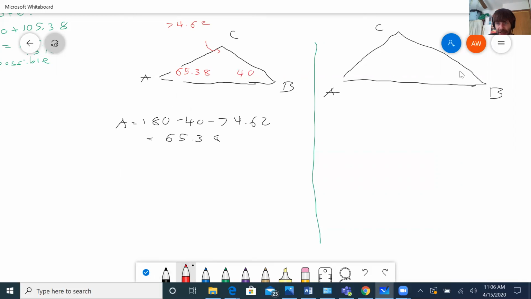And this one over here, where this was 40, this was 105.38. And I would say A is 180 minus 40 minus 105.38, which is 34.62.